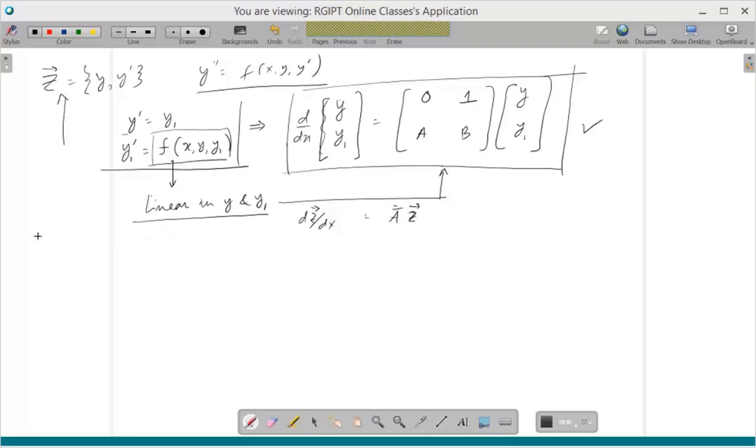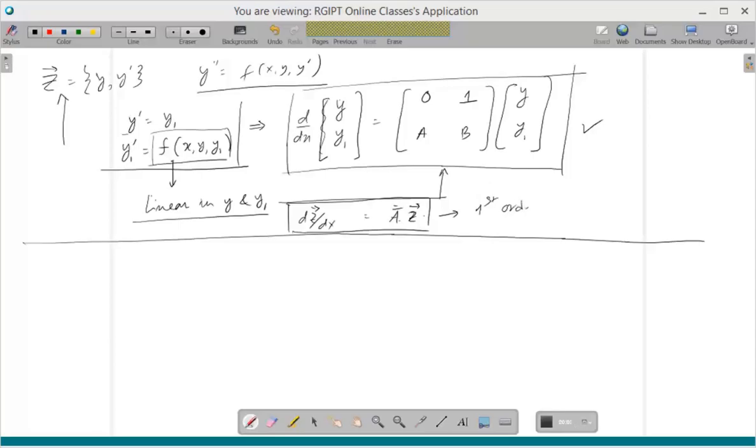We'll try to write the current problem in this form. This is a first order ODE in a vector, and I can apply IVP methods to this. You all are familiar with that. So let's apply the same thing. What I was telling is, when I start to apply the implicit function.